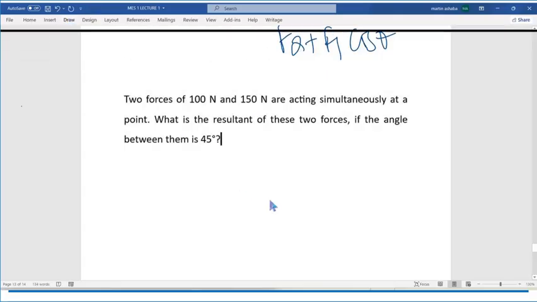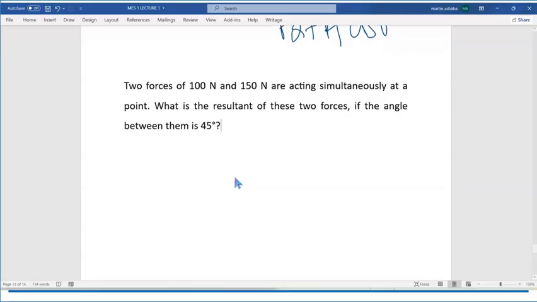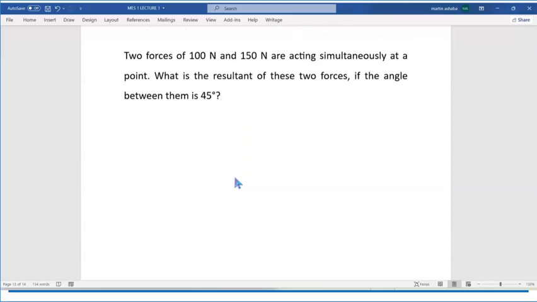We are told that two forces, 100 newtons and 150 newtons, are acting simultaneously at a point. What is the resultant of these two forces if the angle between them is 45? So what would that mean?